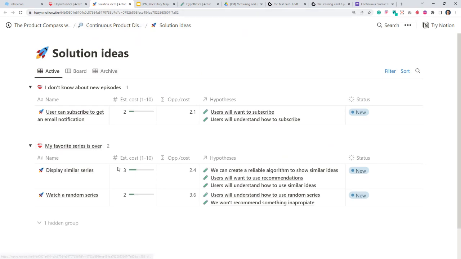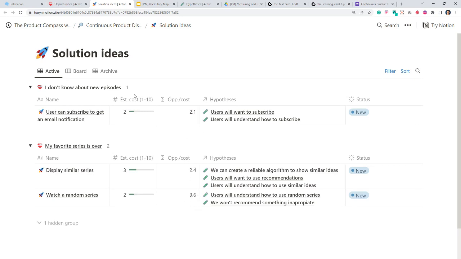And in this case, display similar series, this is 3, and watch a random series, this is 2. And we can calculate this is not a ROI, but this is a proportional return on investment. So if we divide the value of the solution by the cost of the solution, we have this opportunity to cost ratio, which allows us to prioritize ideas.